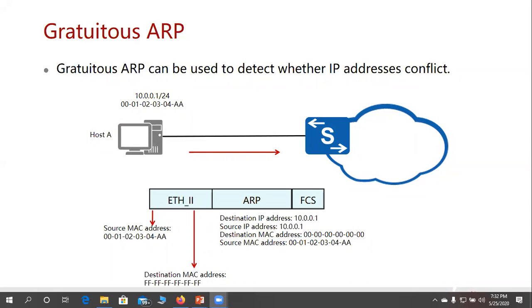So it will start communicating with the DHCP server to try to be given another IP address. So gratuitous ARP can be used to detect whether IP addresses conflict.